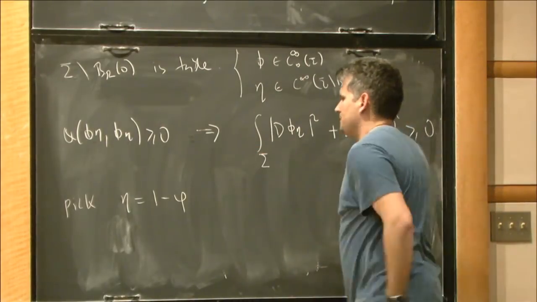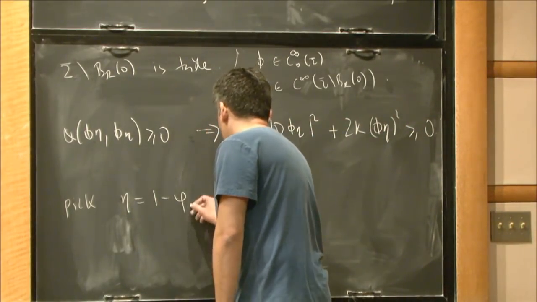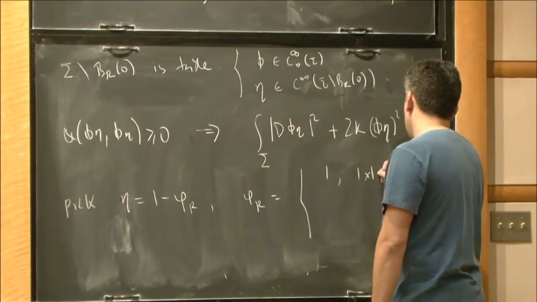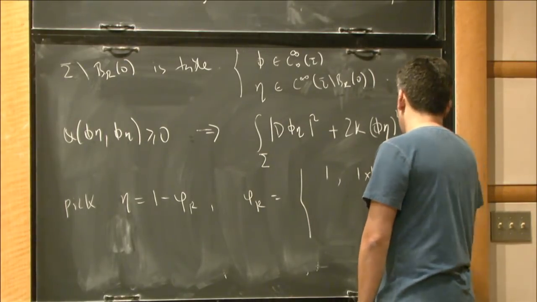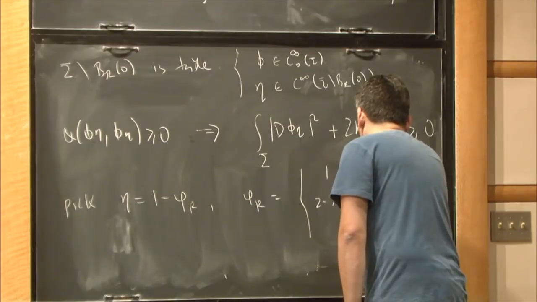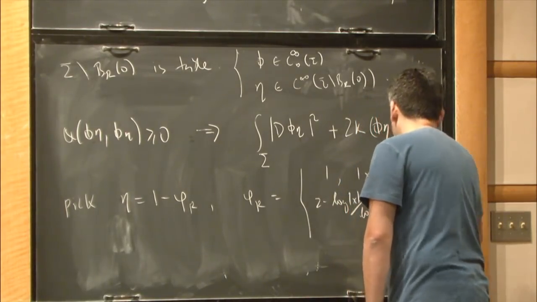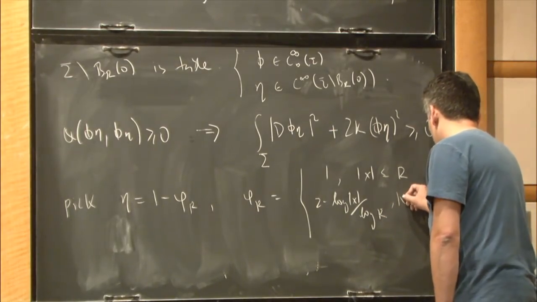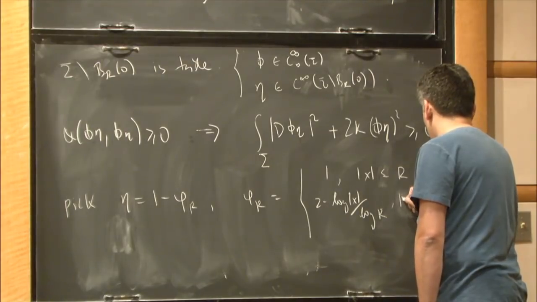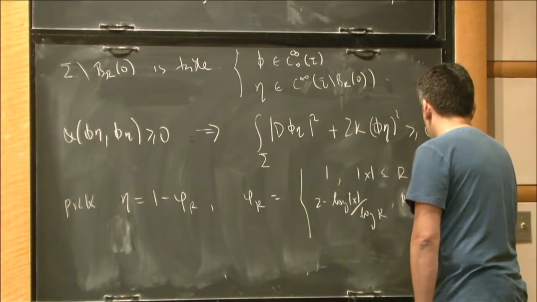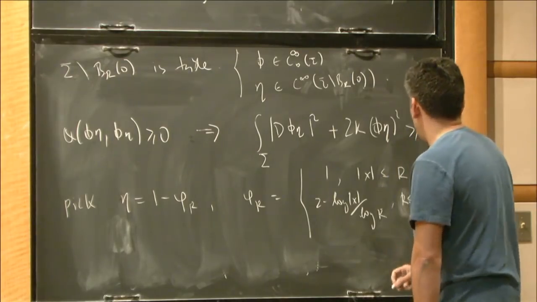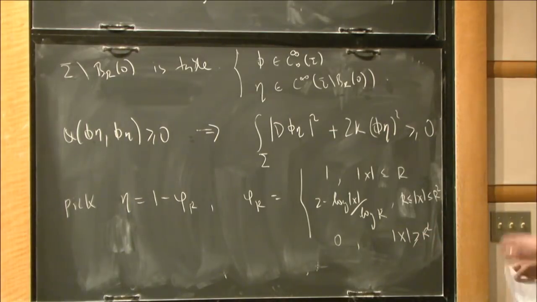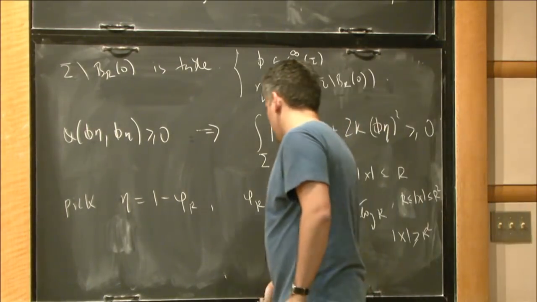So let me take eta equal to 1 minus phi r, where phi r is the usual log cutoff function. It's 1 for here, it's 2 minus log x over log r for r less than x less than r squared, and then 0 for this.